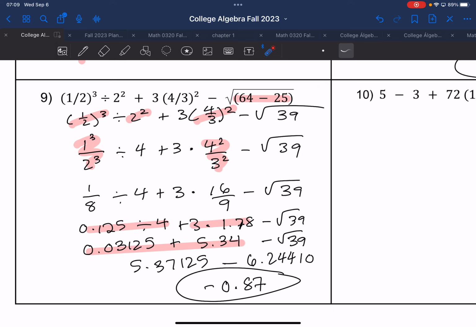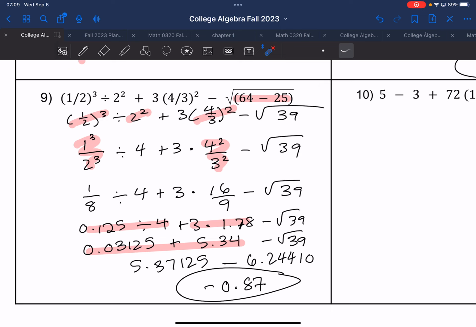But let's say the problem is asking you to round to 3 decimal places. You would get negative 0.869 versus negative 0.870. So again, I'm not going to be marking you off for those little tiny errors there.